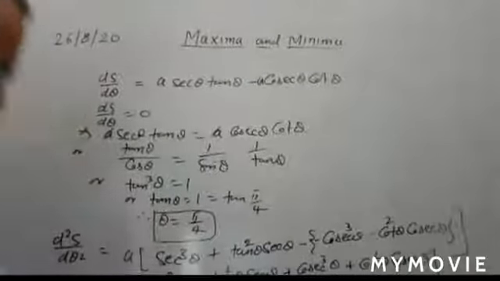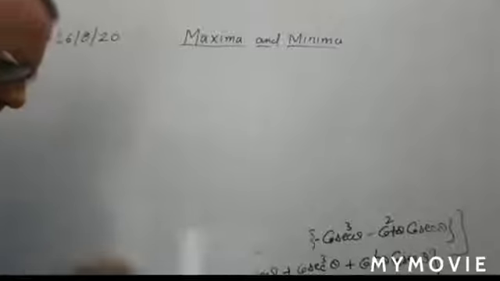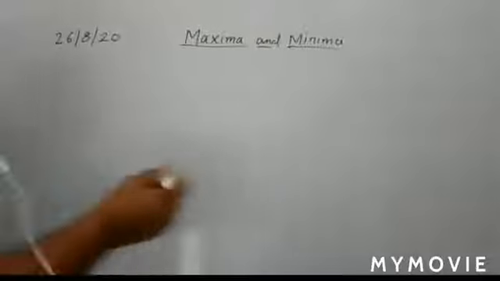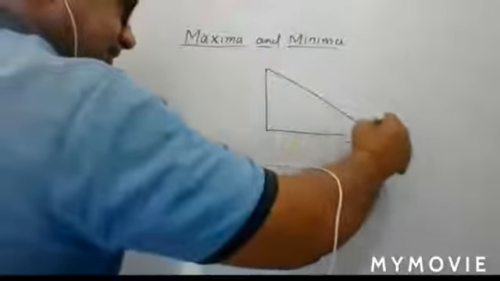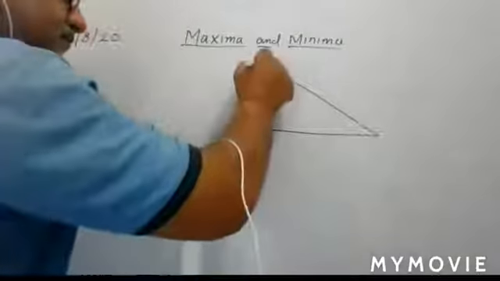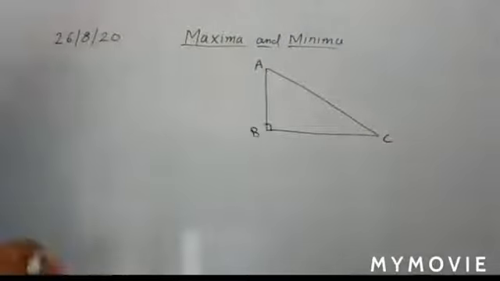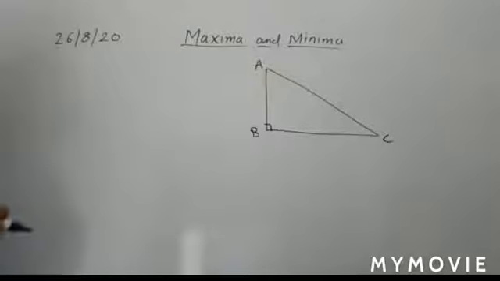So first you draw a right triangle. Suppose here you have any right triangle ABC, right angle at B. Now in your question, what is given? The sum of the hypotenuse and one of the sides of this triangle is given.